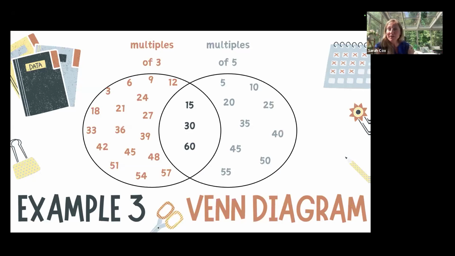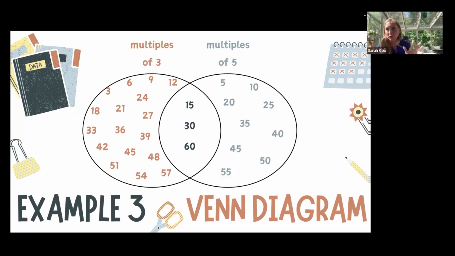All right, so our third example is the Venn diagram. And as I mentioned, the Venn diagram is the most commonly used type of compare and contrast graphic organizer in math. In this particular example of a Venn diagram, we are looking at the mathematical idea of finding our multiples of 3 and our multiples of 5.